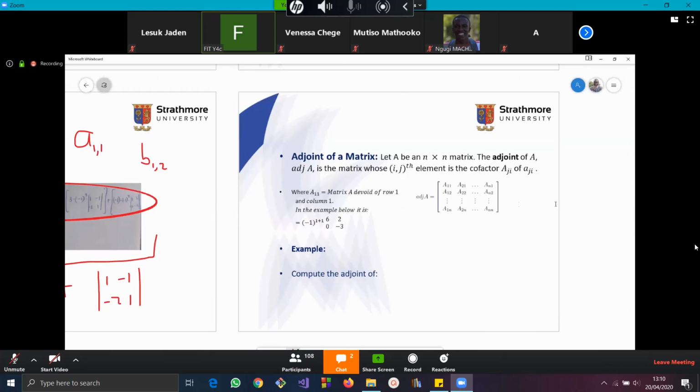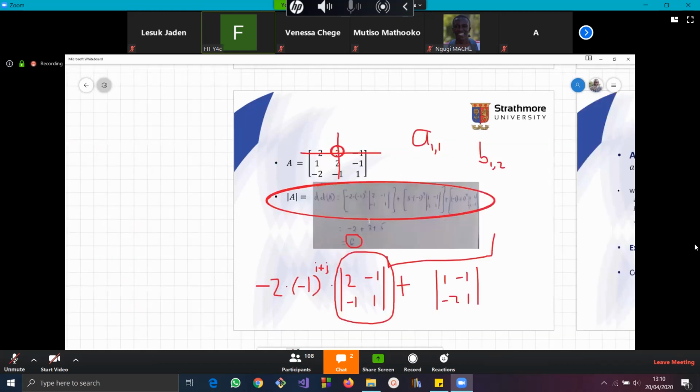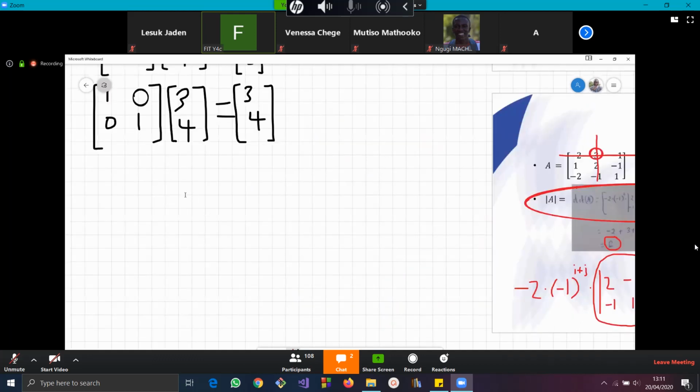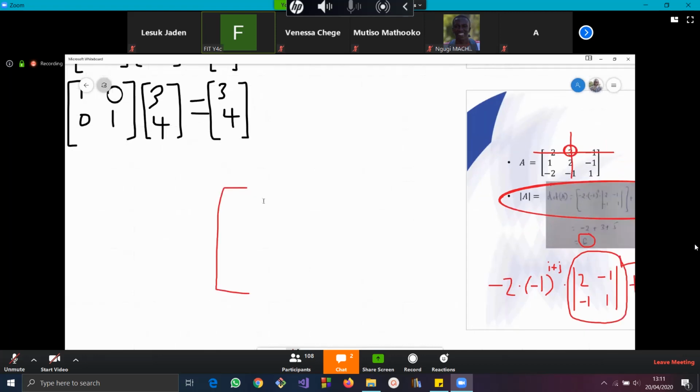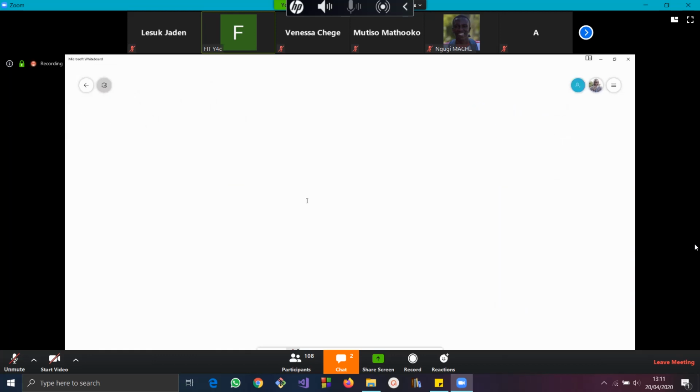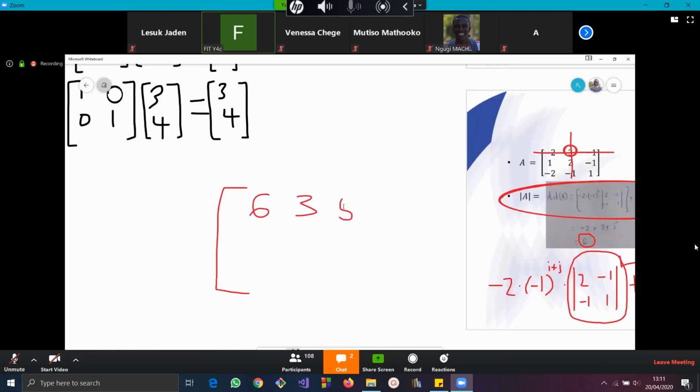before we even finish, I want you to try and compute this one. Let's say you have this matrix. I know you can see my screen. I just pick any matrix: 6, 3, 5, 8, 12, 2, then 2, 1, 3.